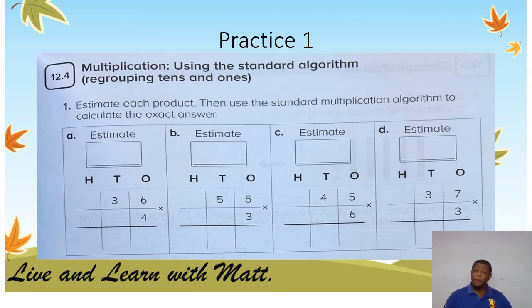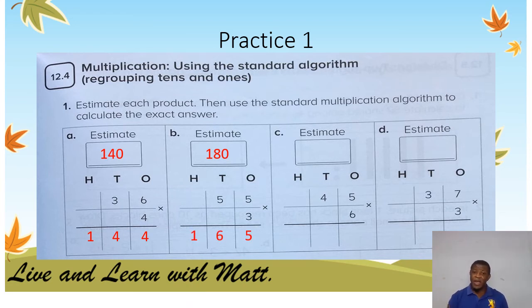Now part A, the estimate will be 140 and the exact answer will be 144. Part B, estimate is 180. 60 times 3. Now the actual will be 165.